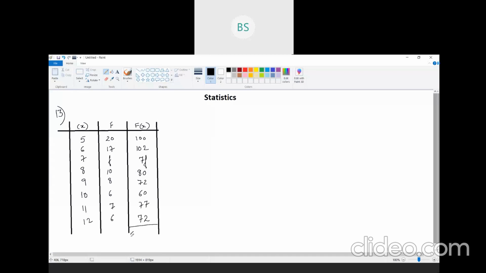Once we finish with this, we find out sigma fx and sigma f. Now here, while finding sigma f or sigma fx, we should not add the variable. Leaving the variable, we should add the other values. So what will be the sum of frequencies?